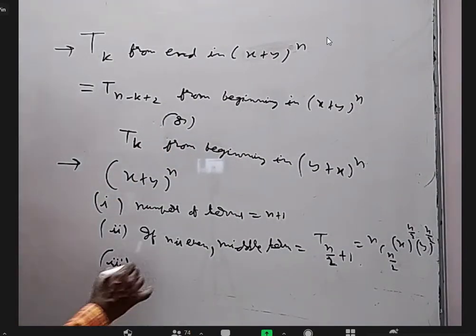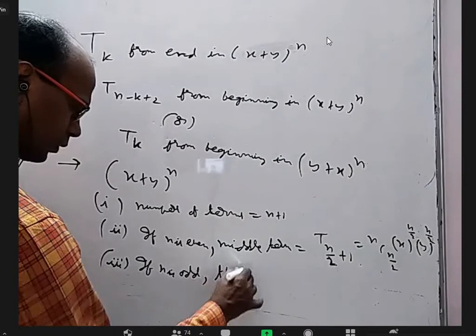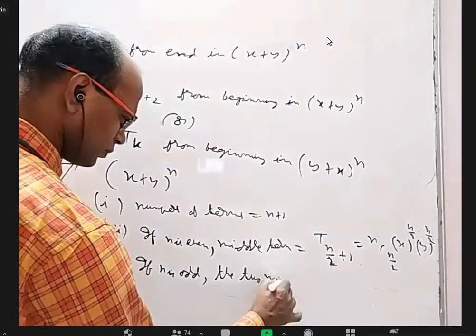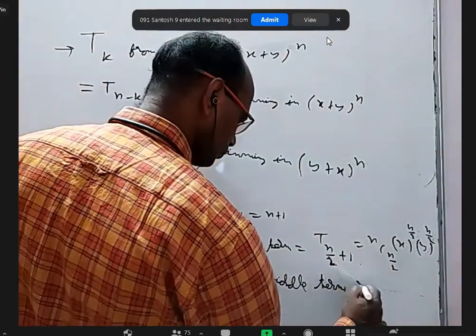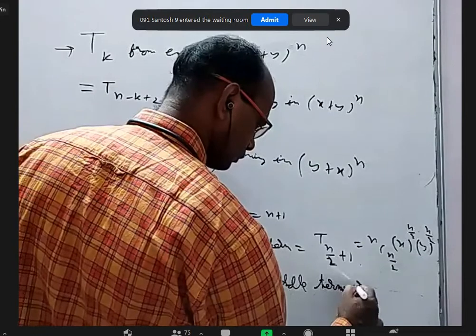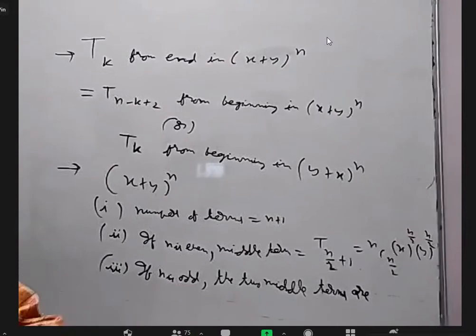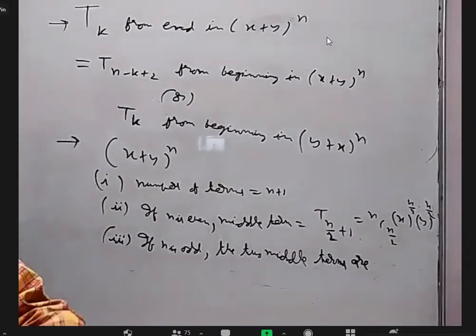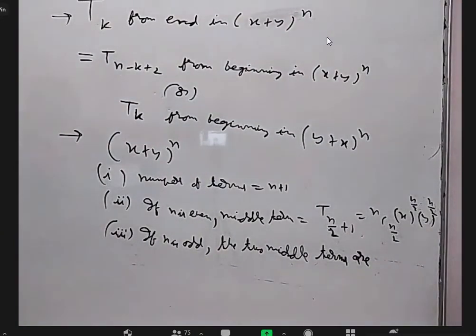If n is odd, there will be two middle terms. What are the two middle terms? For example, when n is 5, (x + y)^5 has 6 terms.